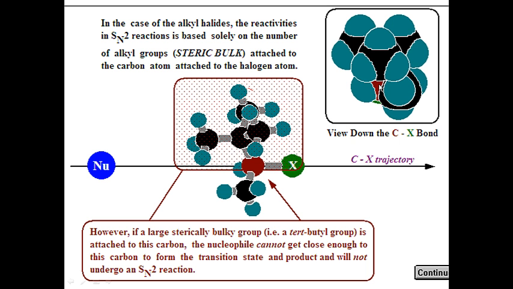And so what happens is that the addition of the tertiary butyl group raises that transition state energy even higher. And at some point, that transition state energy and that activation energy becomes so high that the molecule will not be able to undergo SN2. And it'll find another mechanism to undergo.